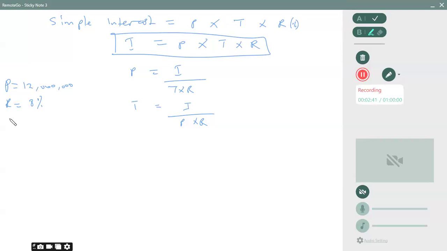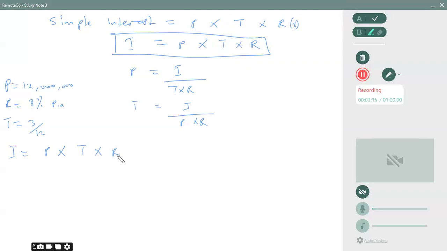But the time, it was only investing 3 months. And remember, this 8% we are talking about is per annum. Meaning, if the investment is for only 3 months, the time will now be 3 out of 12 months, because the whole year has 12 months. So now you bring in your formula for simple interest, which is principal times time times rate.